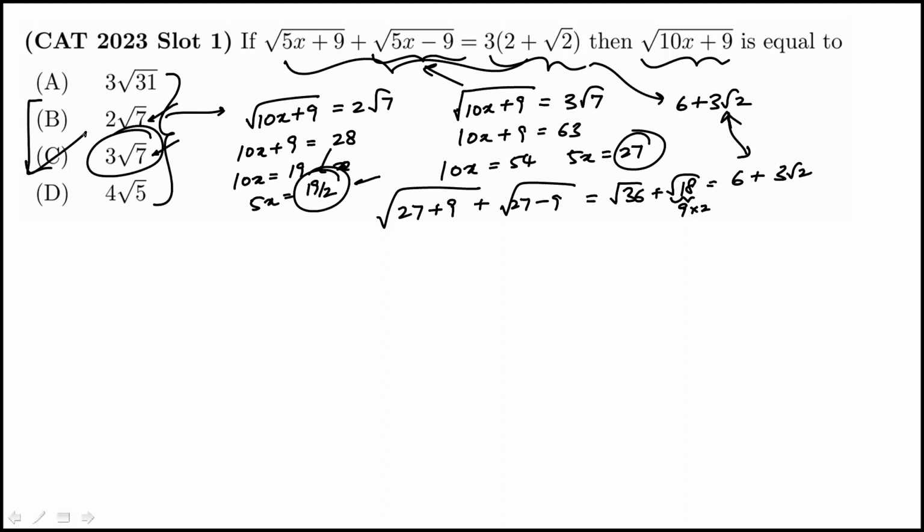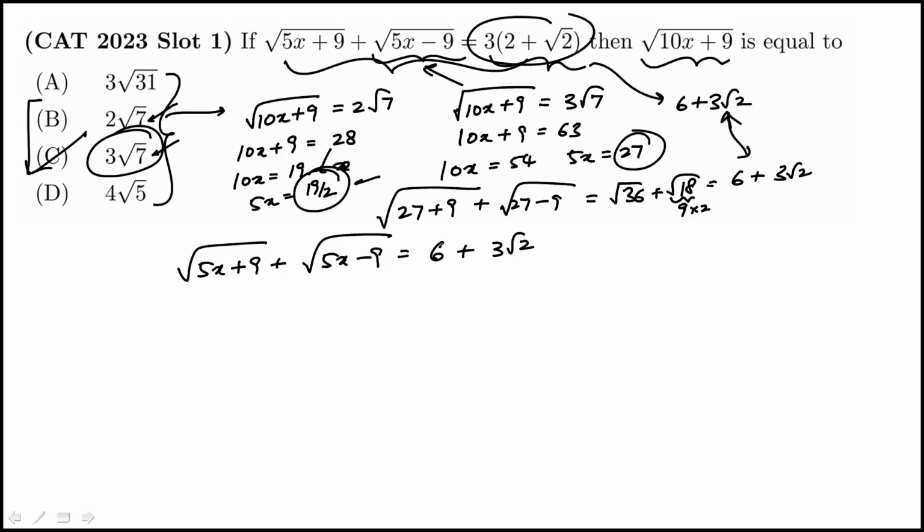Second approach is to kind of compare these two expressions. And by that I mean you distribute the 3, so 6 plus 3 root 2. And you'll notice that I'm going to try to write these as radicals. So again, I'm sort of guessing the answer. And then this we know, we just did that here.